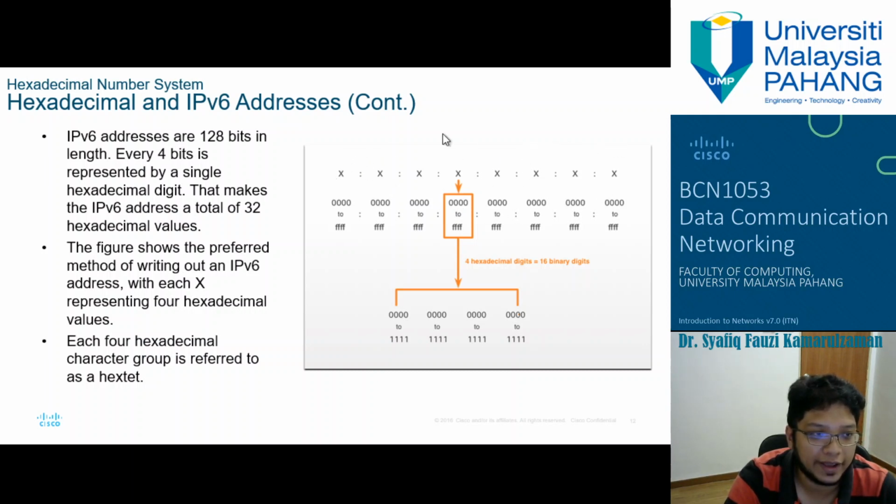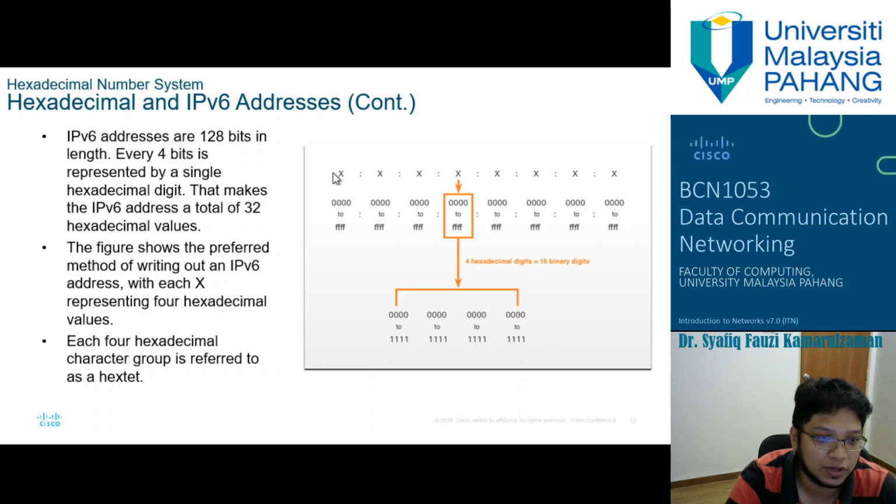The total bits for IPv6 addresses is 128 bits, and they separate them into 8 sets. Okay, 8 sets of hexadecimals. So one set of hexadecimals, they have 4 hexadecimal.